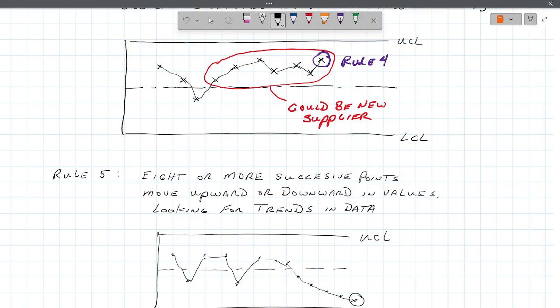So it's not a matter of anything being on one side or not. It's looking for those trends. Nothing should be trending in one or the other of the 2 directions. Make sense? Okay.